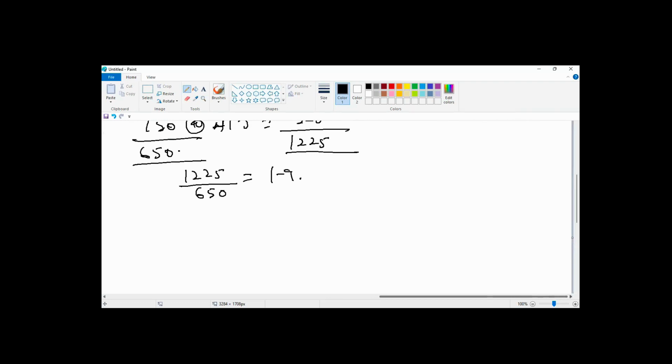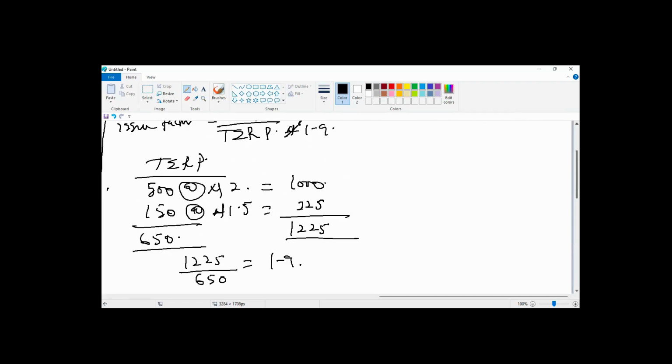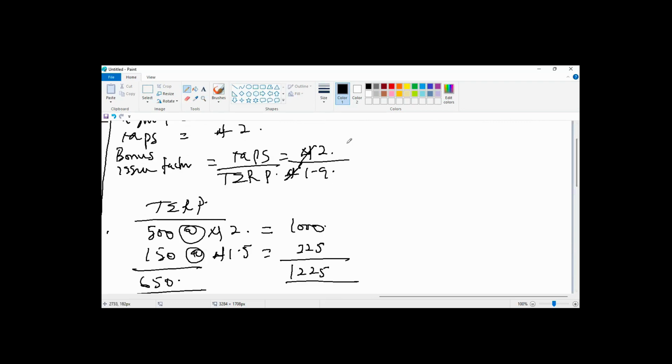Very simple. We have 650 for the bonus issue.